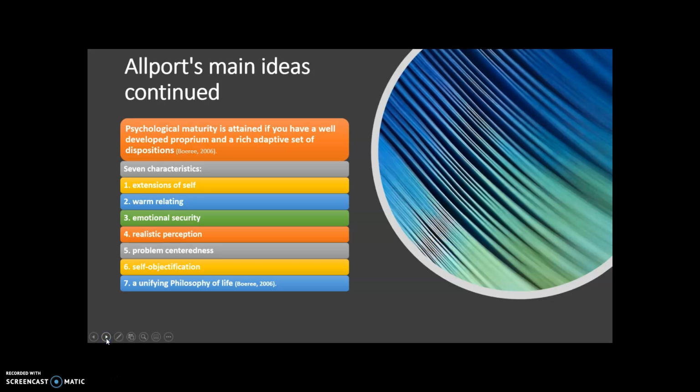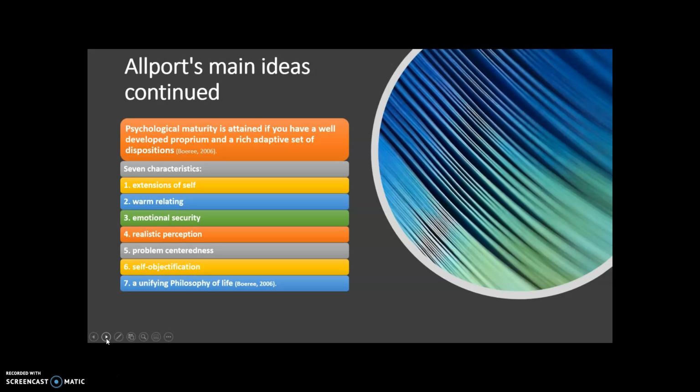And then we have Allport's main ideas continued. He believed that psychological maturity is attained if you have a well-developed proprium and a rich adaptive set of dispositions. And he believed the 7 characteristics of psychological maturity were: number 1, extension of self, which was involvement in life and activities and relationships.